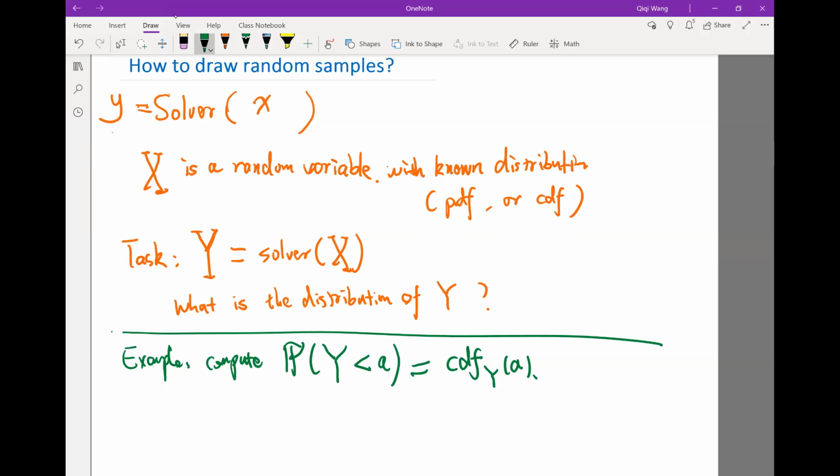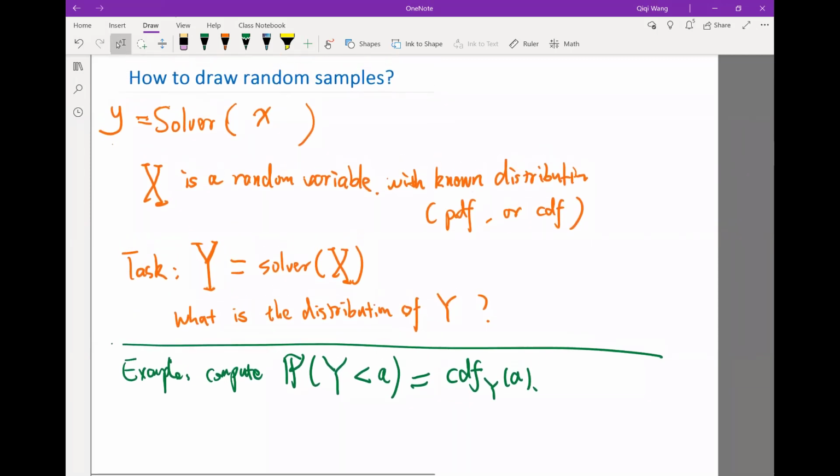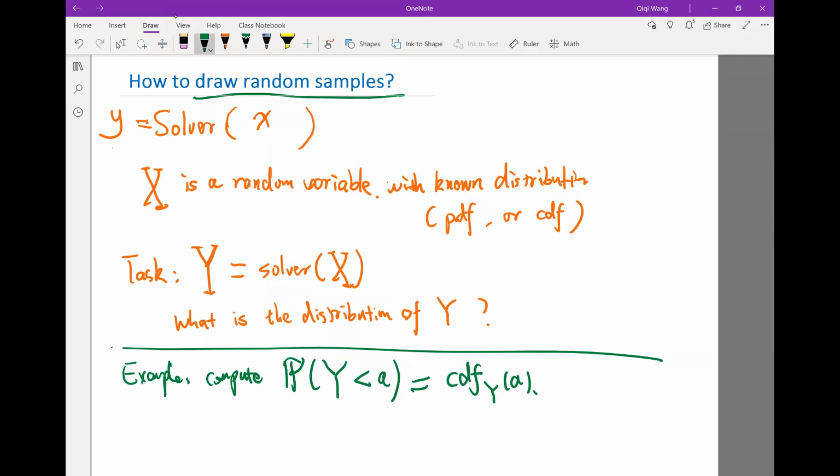If we know how to compute that, we know how to compute the CDF of y at any value, and then we can also compute the PDF of y. We can also compute the mean of y, the standard deviation of y, etc. So how do we do that? The most straightforward way is to draw random samples.